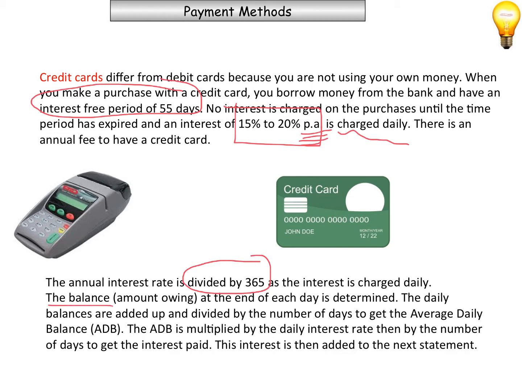The balance at the end of each day is determined, and the daily balances are added up and divided by the number of days to get the average daily balance. And the average daily balance is multiplied by the daily interest rate, then multiplied by the number of days to get the interest paid. This interest is then added to the next statement.